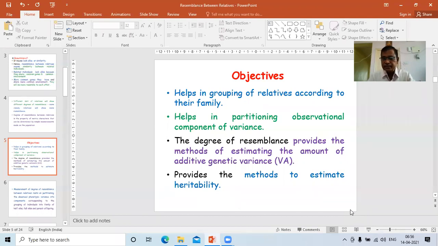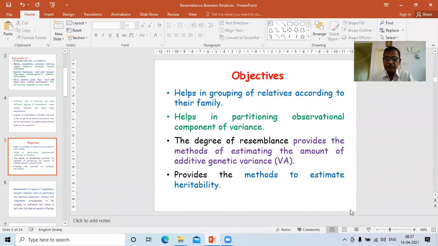Clear? That means when we estimate the variance from the observed values, that is called the observational component of variance or observed variance. So the degree of resemblance provides the methods of estimating the amount of additive genetic variance. See, this is the importance: we want to know the additive genetic variance, because how much of the total variance is being transmitted from parents to offspring, that is VA.